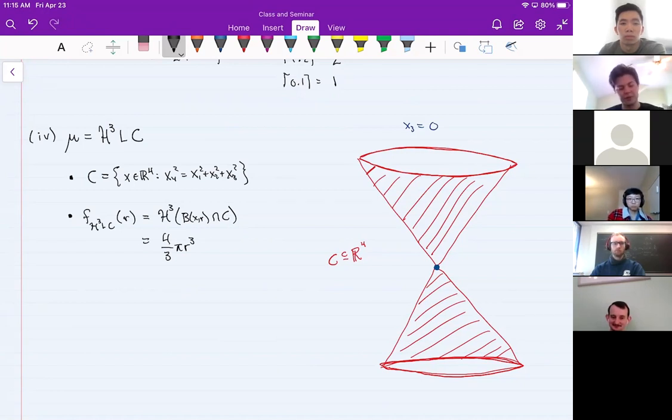Okay, so the measure of any ball centered at any point in this thing scales like r cubed.